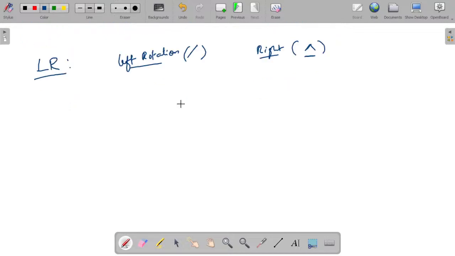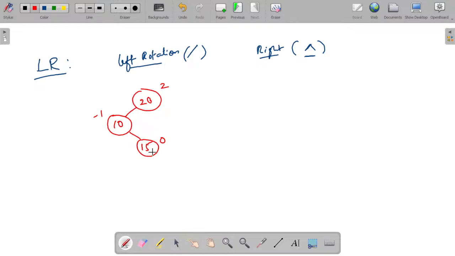So we will see an example for this left right rotation, right? Let us say we have a tree like this. Here if you see, the balance factor for this is 2 and for this it is -1 and for this it is 0.